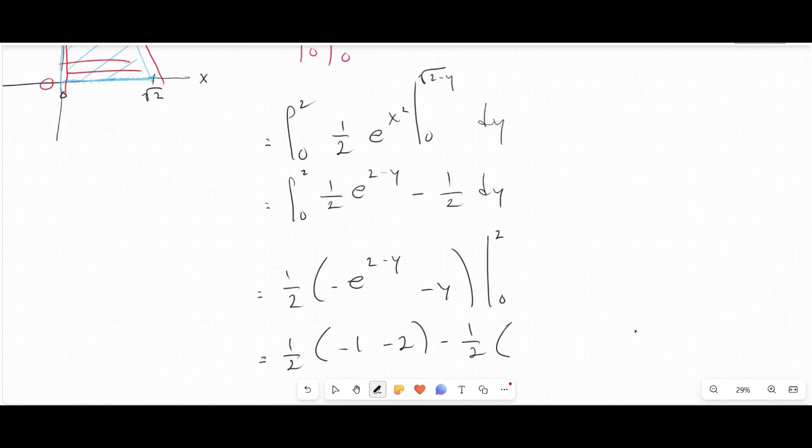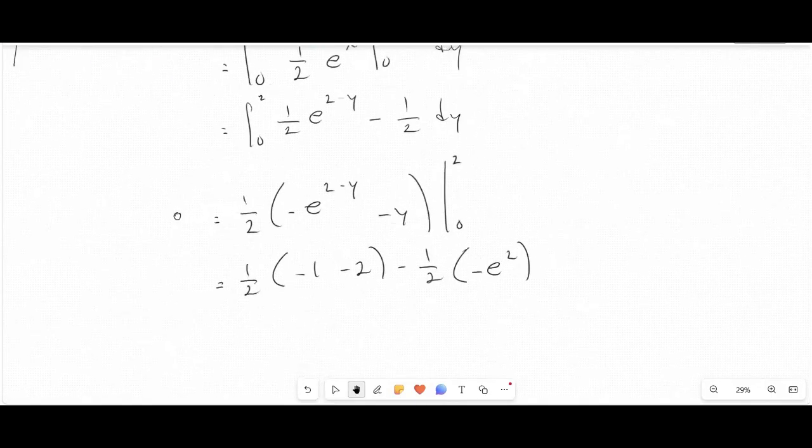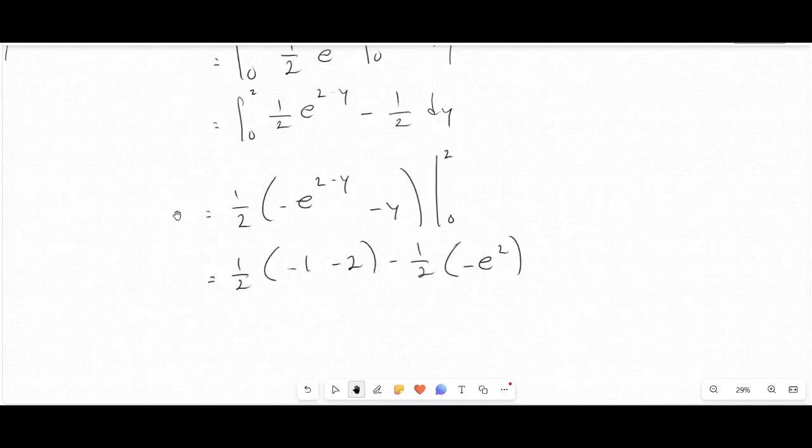If you plug in 0, you'll get negative e squared. See, these are ridiculous answers. You plug in 0, negative e squared, y is just 0. So negative 2, so this is negative 3/2 plus e squared over 2. All right, that one's not so crazy.